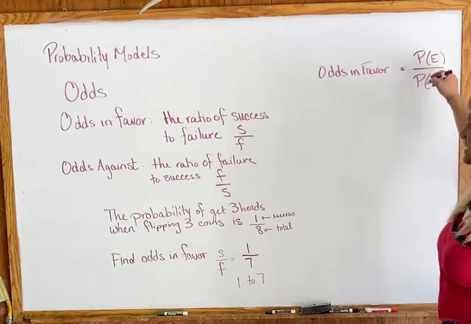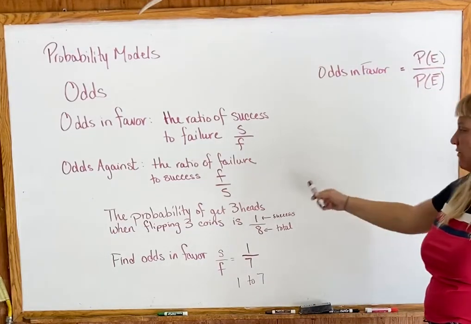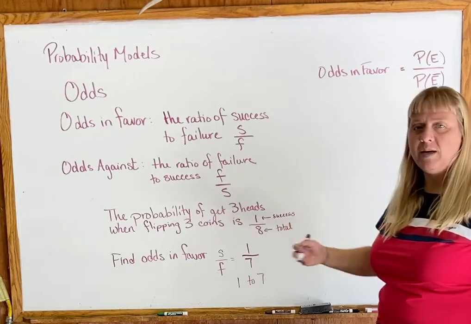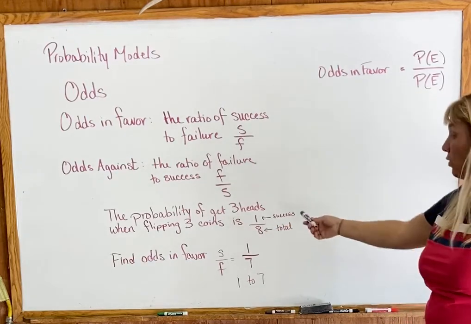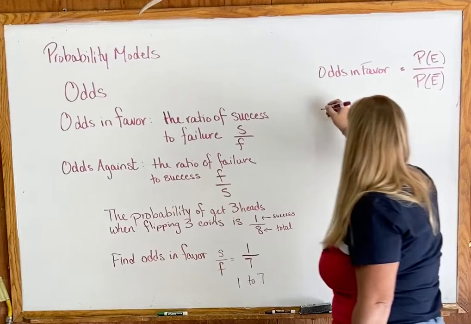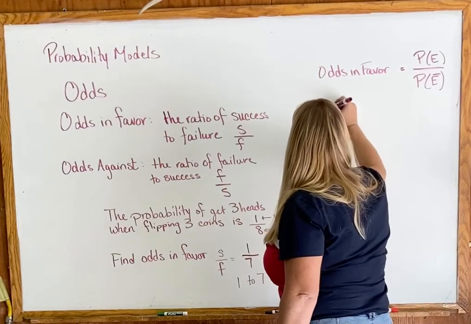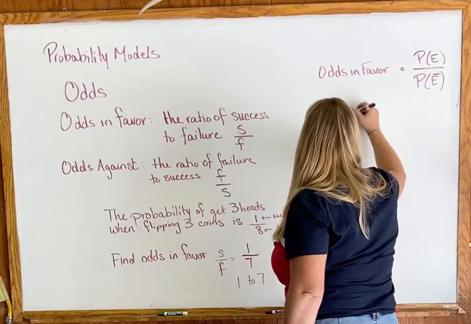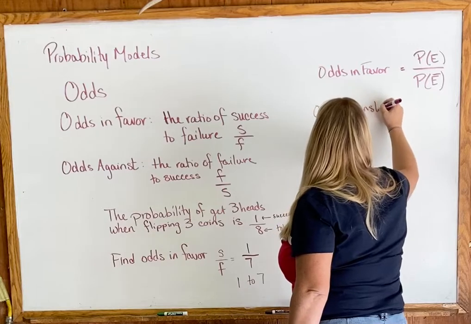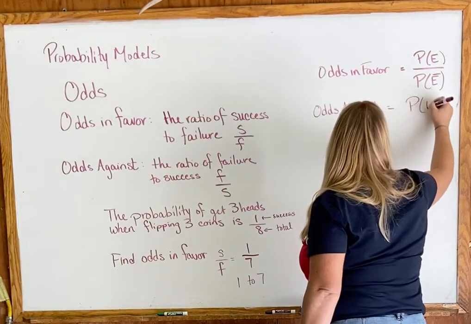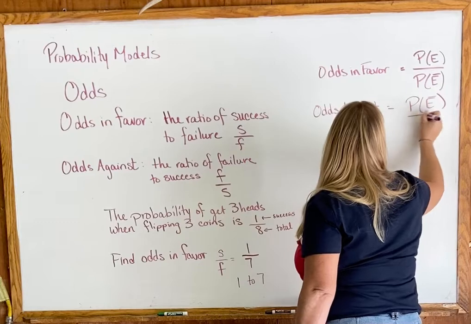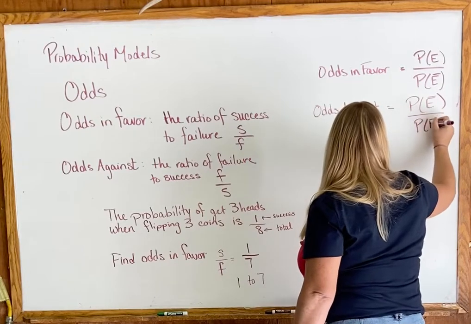So this is more, again, for if they're giving you your information in decimal form or percent form rather than fraction form. Okay, then that means that odds against is equal to the probability of E complement over the probability of E.